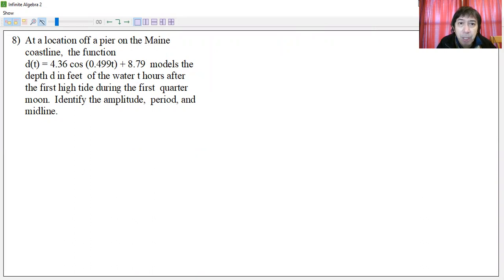Okay, so we shall begin with the given. Let's start with the given first. We have d of t, and this models the depth d in feet. So this has something to do with how deep is the water.